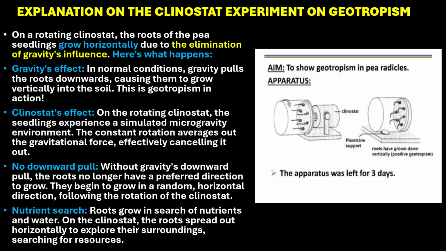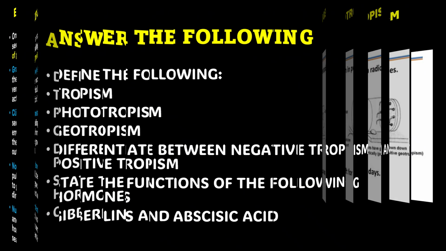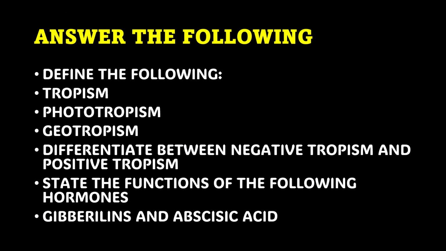Over here, because of the rotation, the auxins could not concentrate on any side of the root. The auxins weren't higher on the lower side or on the upper side. It was uniform. Because of that, the root became horizontal, and it grew horizontally in that particular case.